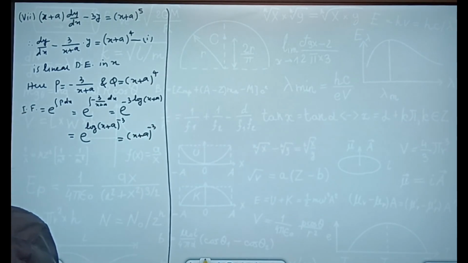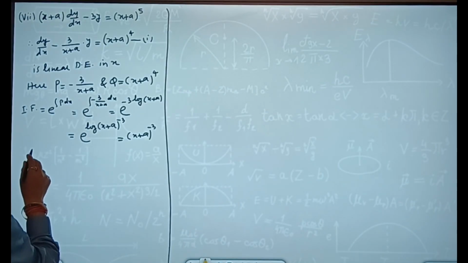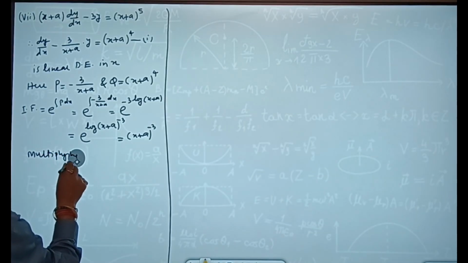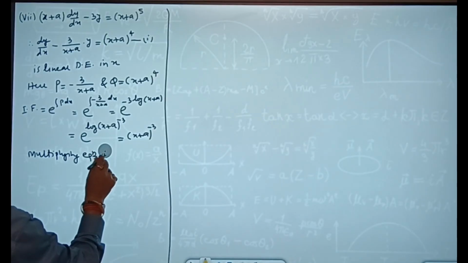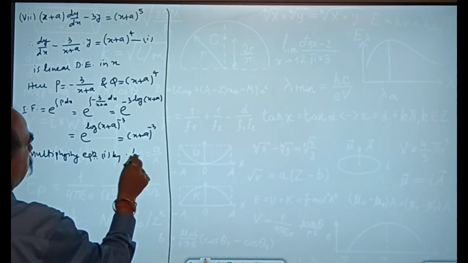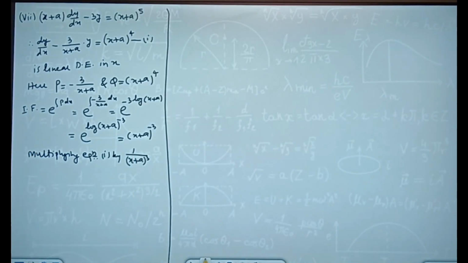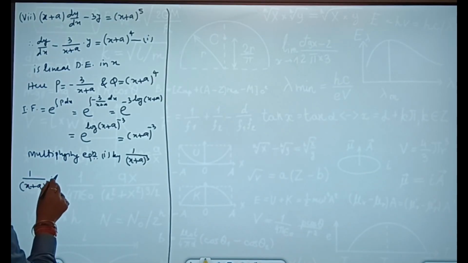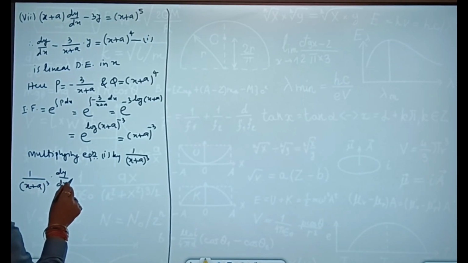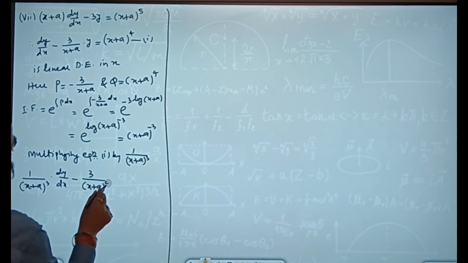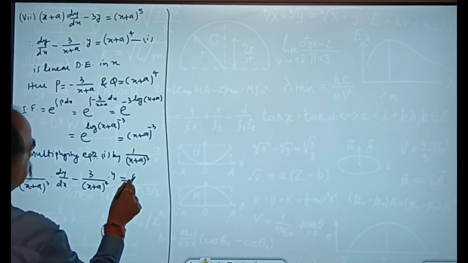Multiplying equation 1 by 1 upon x plus a cube, since x plus a raised to minus 3 is 1 upon x plus a cube, we get 1 upon x plus a cube into dy by dx minus 3 upon x plus a raised to 4 into y is equal to x plus a.